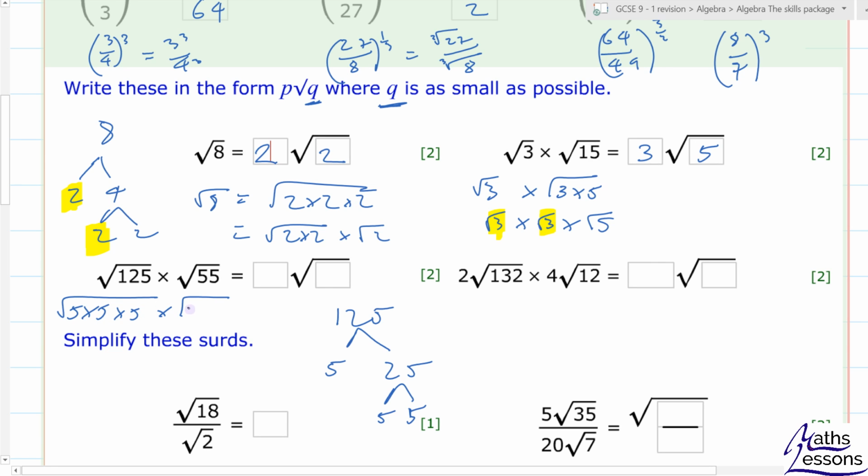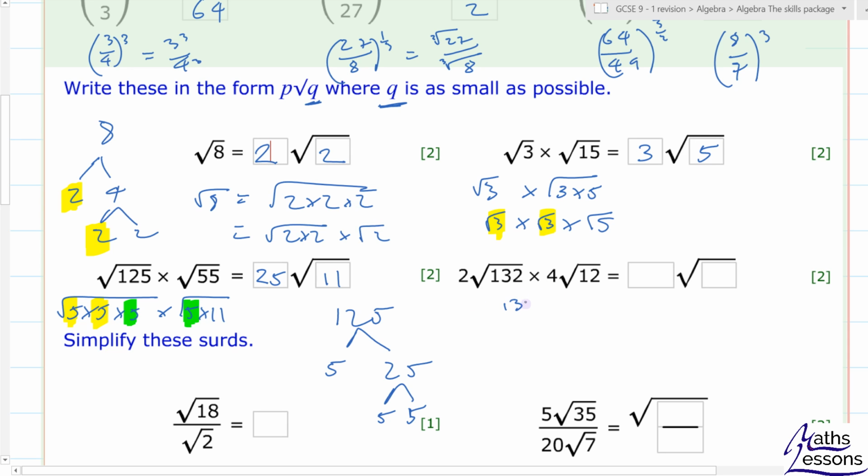The square root of 5 times 5, that's one pair there, and we've got another pair there. So the square root of 5 times 5 is 5, and the square root of 5 times 5 is another 5. So you get 5 times 5 is 25, and then we're just left with 11.